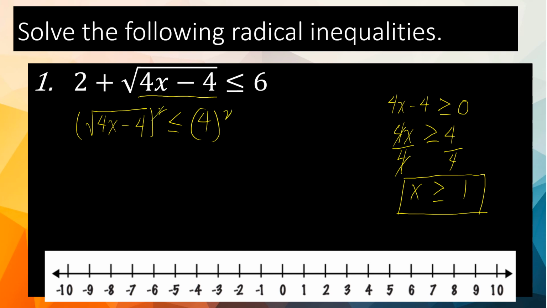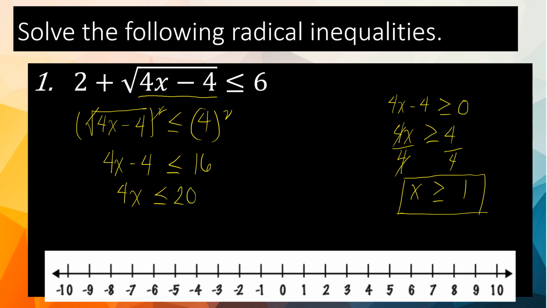So now we can cancel out your radical, and we will only have 4x minus 4 is less than or equal to 4 squared, which is 16. So solve further, transpose negative 4 to the other side. You will have 4x is less than or equal to 16 plus 4, that is 20.